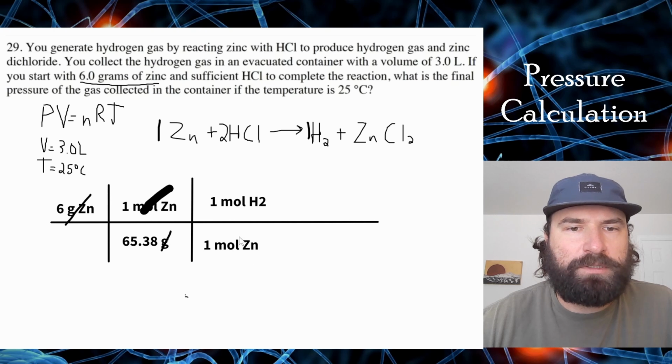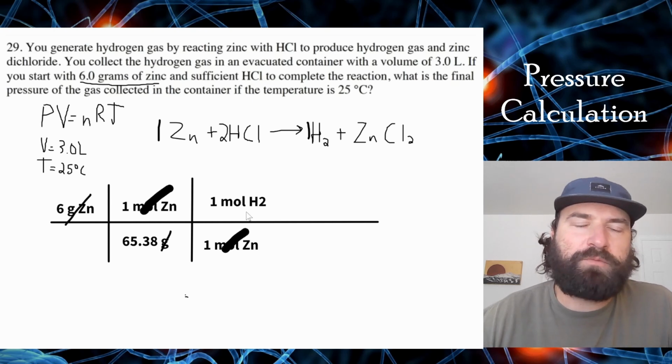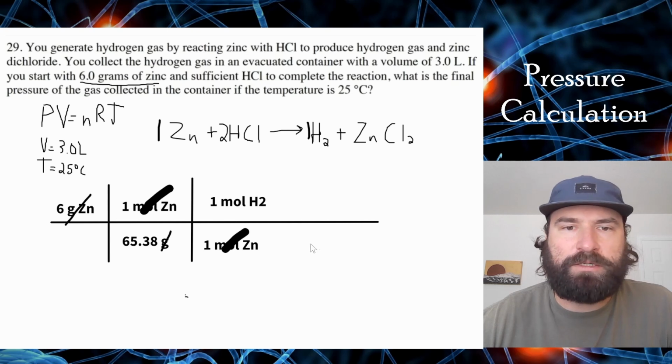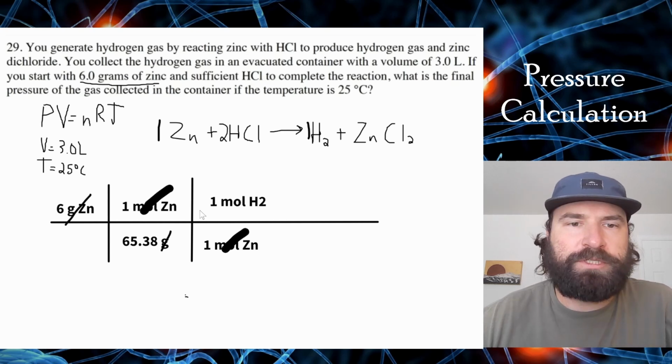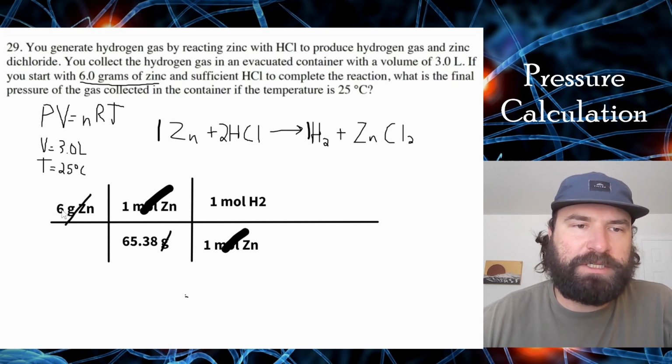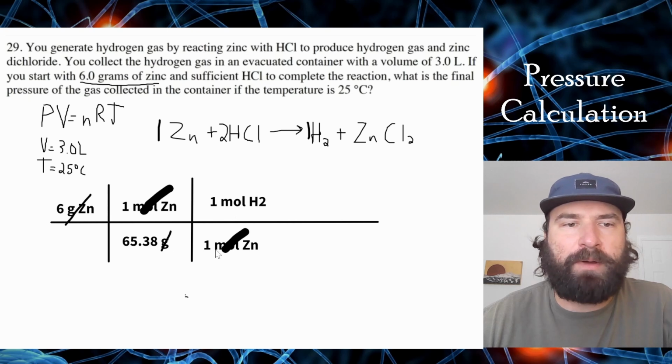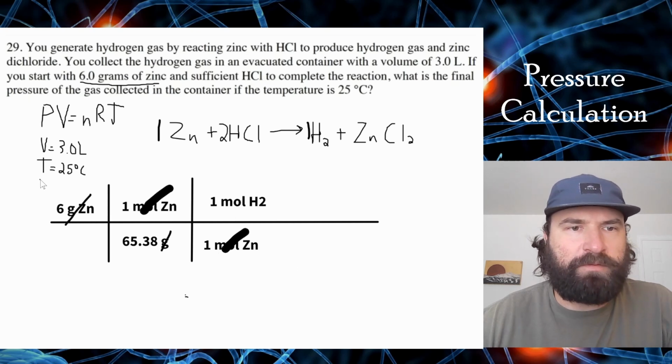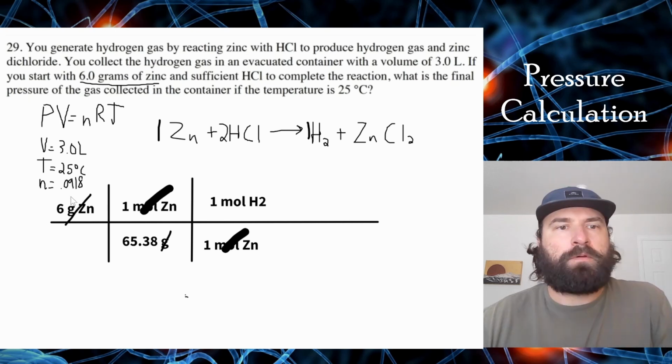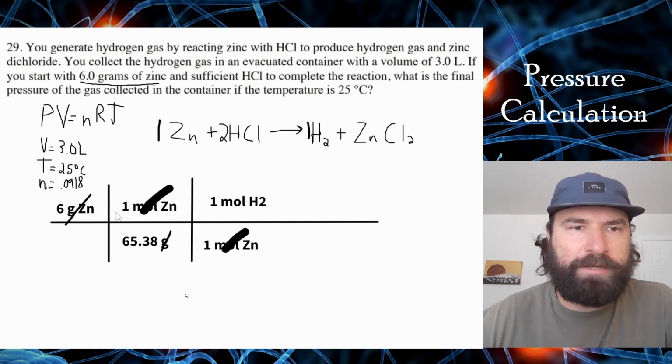Cancel out these units, and now we're in moles of hydrogen, which is exactly what we're looking for to enable us to do our PV equals nRT calculation. So we just need to calculate this dimensional analysis. We'll multiply what's on top, divide by what's on the bottom. That's going to give us 0.0918 for our moles of hydrogen.